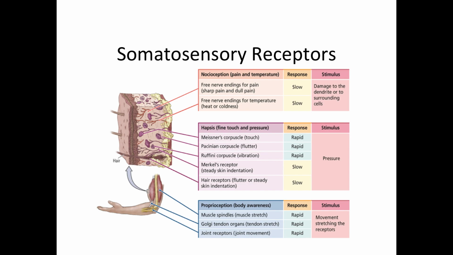Proprioceptors are important for body awareness, and they react to movement and stretching of the receptors. What's very important here is muscle stretches, tendon stretches, and joint movements. They work very, very quickly. And technically, you see here, they just react to these three things.